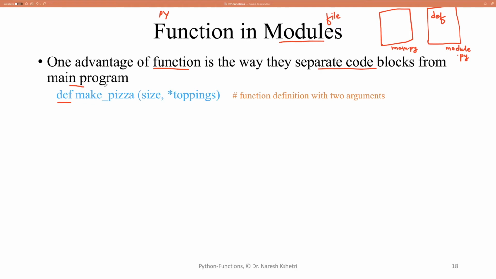Our function name is make_pizza, and we have two arguments: one is the size and another is the toppings. But here you see the asterisk. That means our second argument accepts an arbitrary number of values, any number of values.